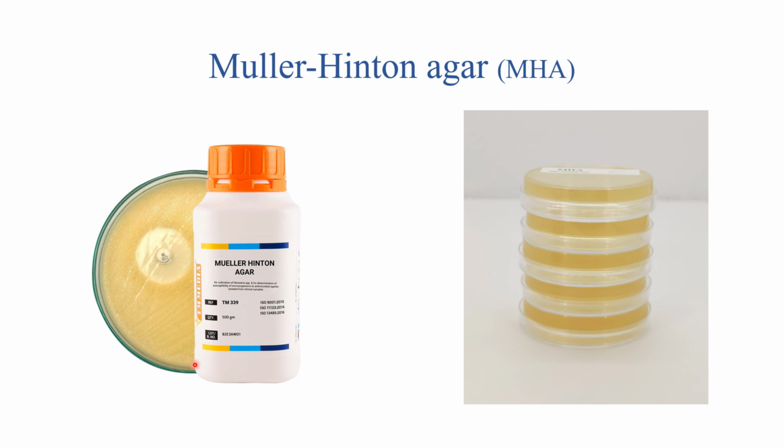Mueller-Hinton agar is a non-selective, non-differential medium, so most organisms will grow well in it. Additionally, Mueller-Hinton agar contains starch, and the starch will absorb the toxins released by the bacterium so that the bacterial toxin will not interfere with the antibiotics.